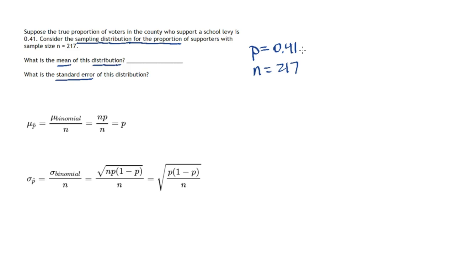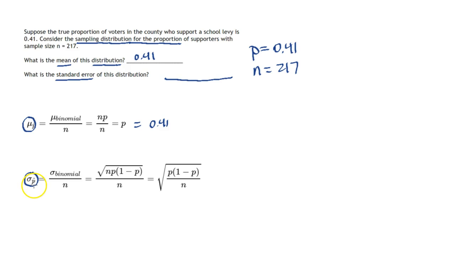So we're going to use those two different values to find the mean of p hat, which is just p, 0.41. And then we want to find the standard deviation of p hat, the standard deviation of a sampling distribution, which is also known as standard error.